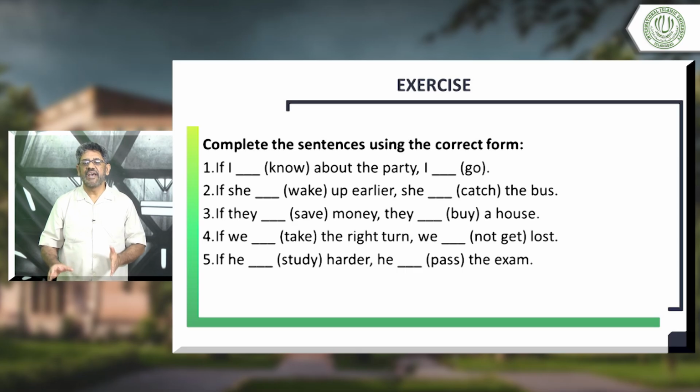We use would have and the third form of the verb. If he had run faster, had run is past perfect here. He would have won. We use would have and the past participle. Present, past, past participle. This is how we make it.